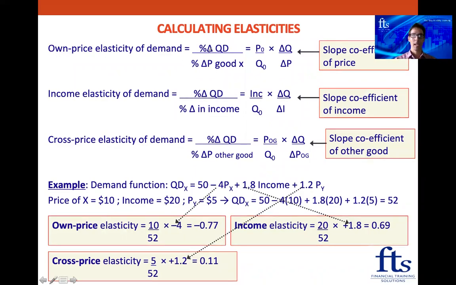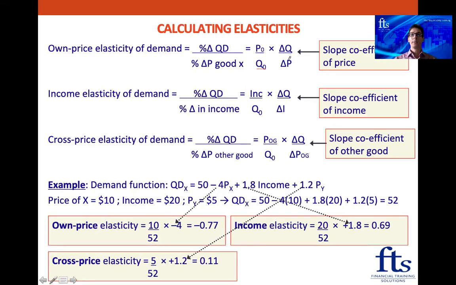Remember what it was? It was the percentage change in quantity demanded divided by the percentage change in the price of the good. So to work it out, we can take P0, which is the price of the good, and we divide it by the quantity demanded for the good according to a demand function, which we're going to look at in a second.